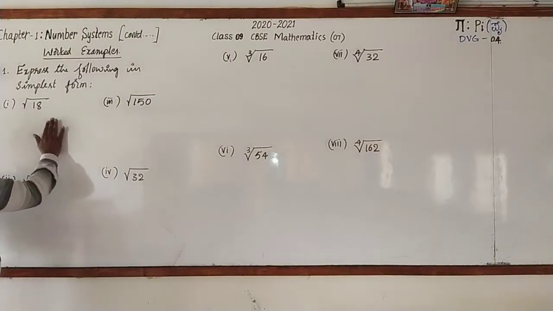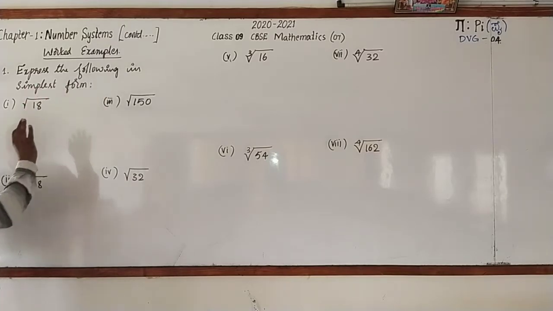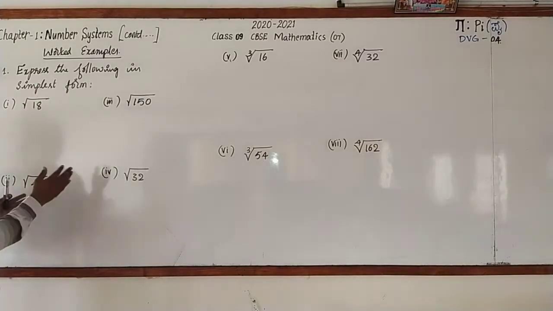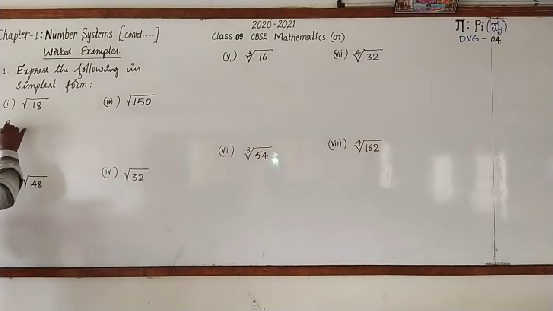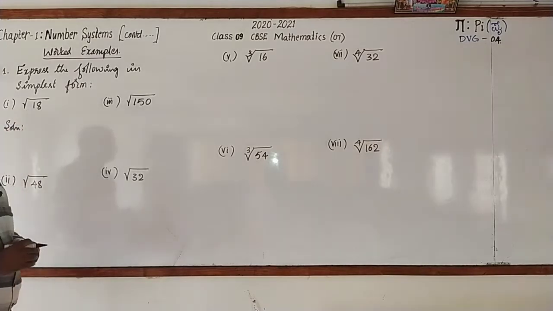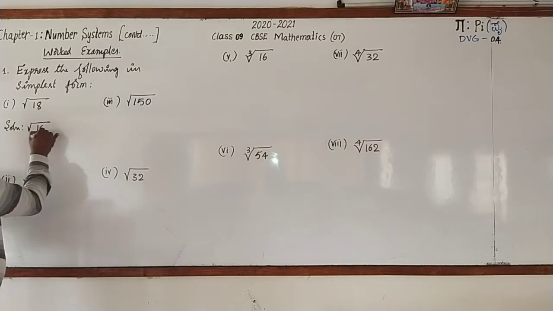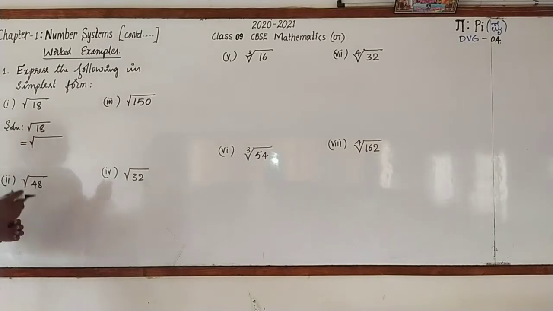After that, observe this one. Look here: express the following in simplest form. These are irrationals, but we have to express them in simplest form. How? Let us come to know one by one. The very first one is square root of 18. The square root of 18 can be written as the product of its factors.